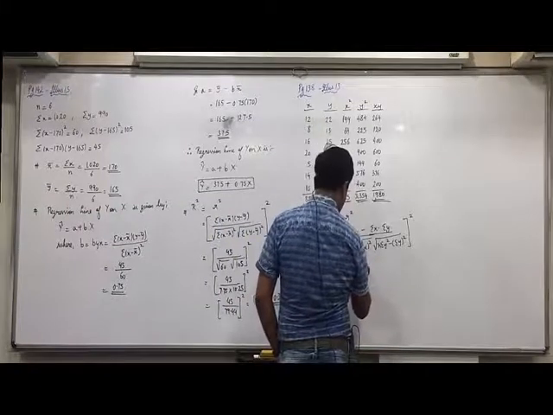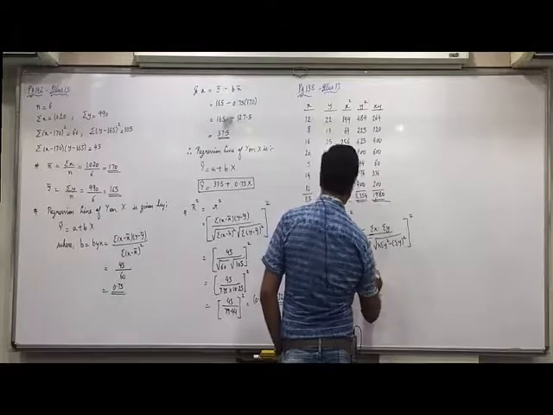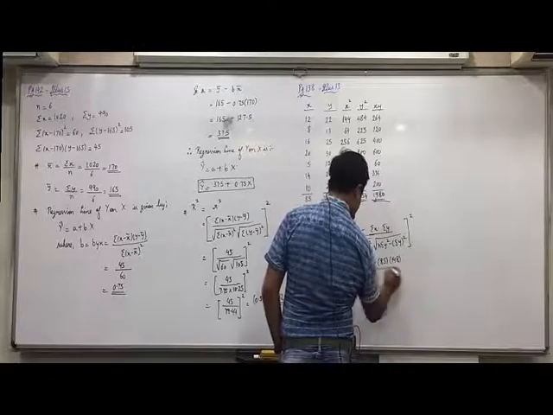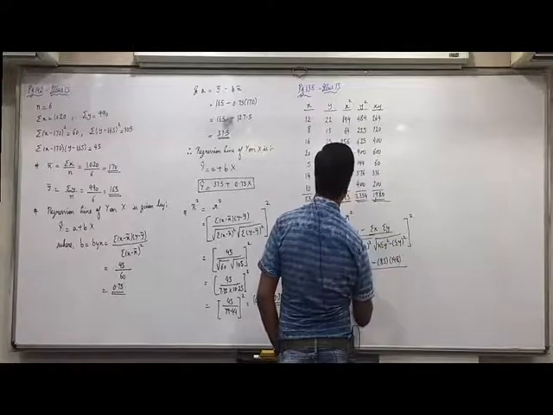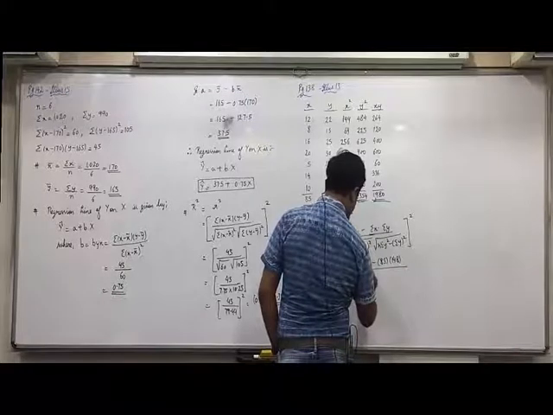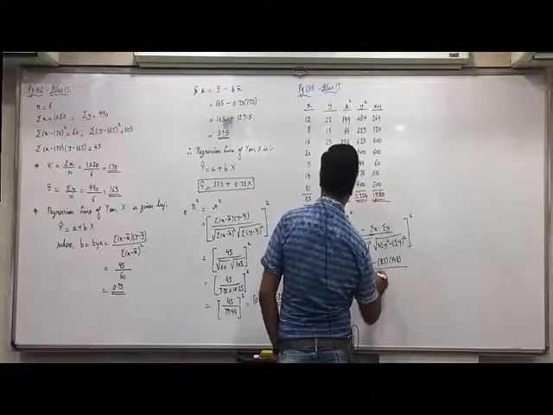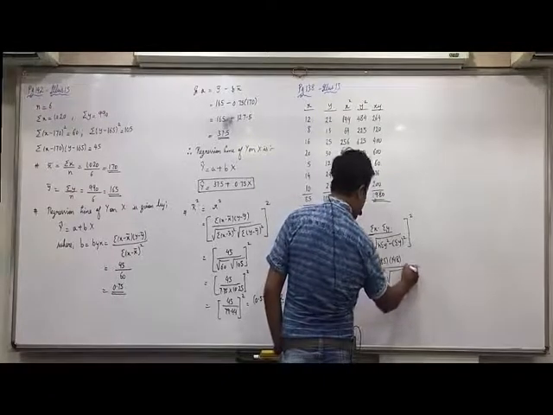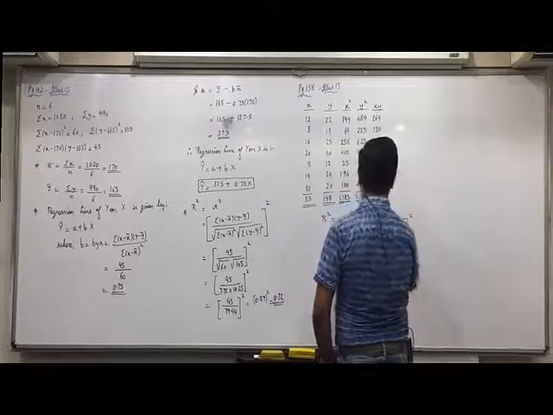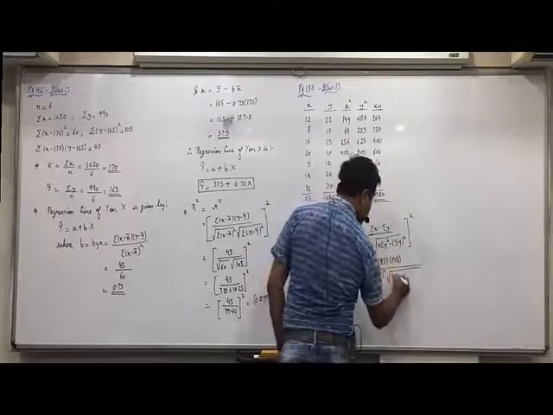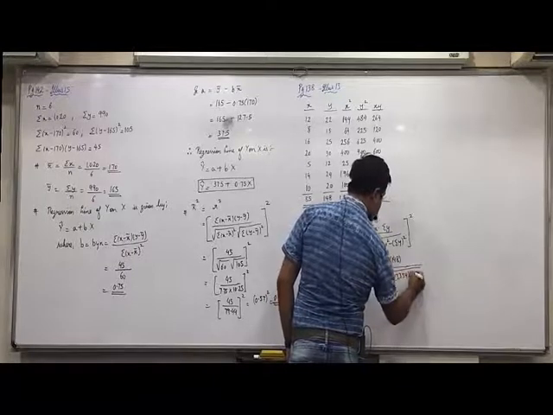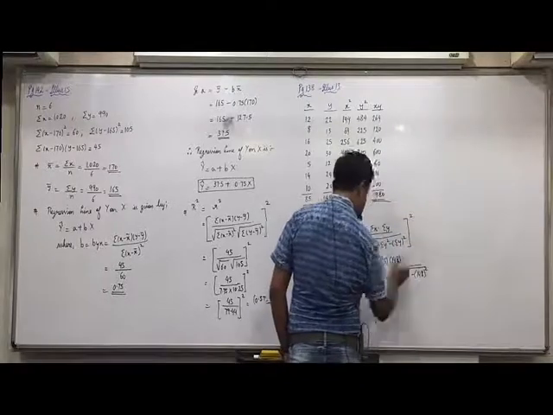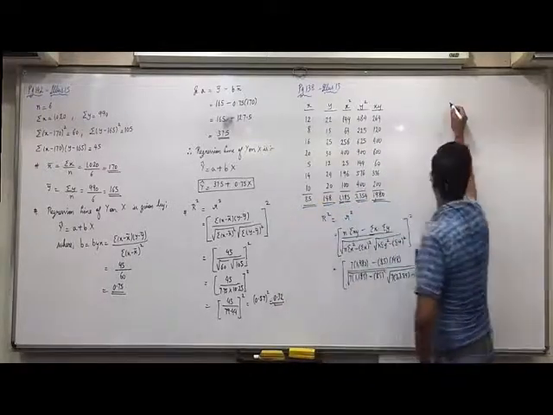Into sigma xy 1980, minus sigma x 85 into sigma y 148, upon, again n is 7, sigma x square 1185 minus sigma x 85 whole square within square root, and again into square root of n is 7, sigma y square 3354 minus sigma y 148 whole square, and finally whole square.